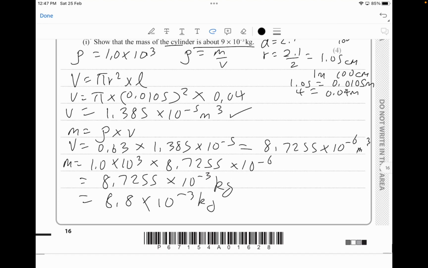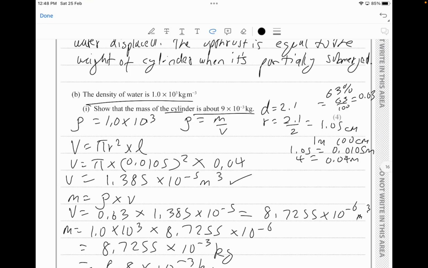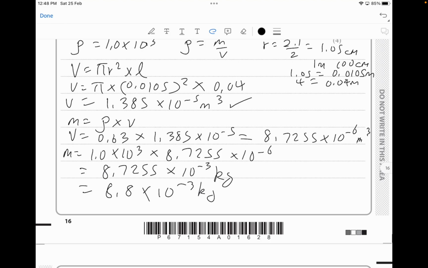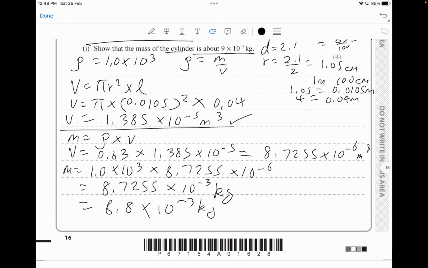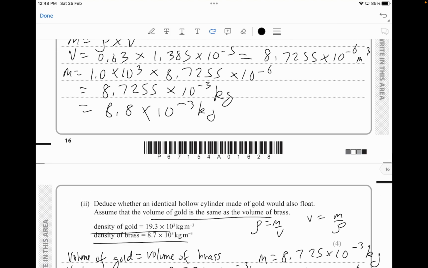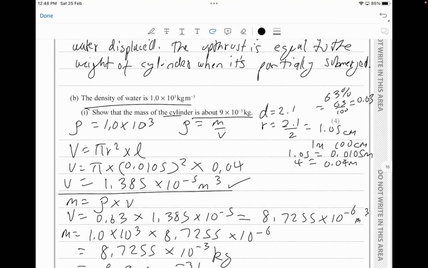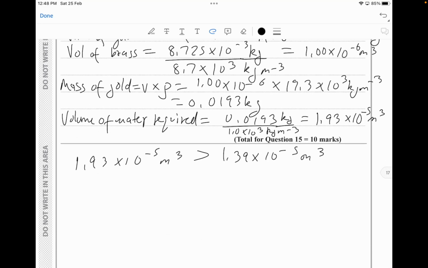We have to equate it with something above here. I'm just trying to search for that. Okay, so we have found out the volume of the cylinder, so this is greater than 1.39 times 10 raised to the power negative 5 meter cubed. I just rounded this value of volume here to 1.39 times 10 raised to the power negative 5.